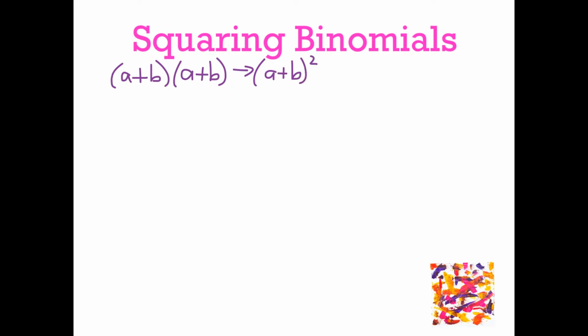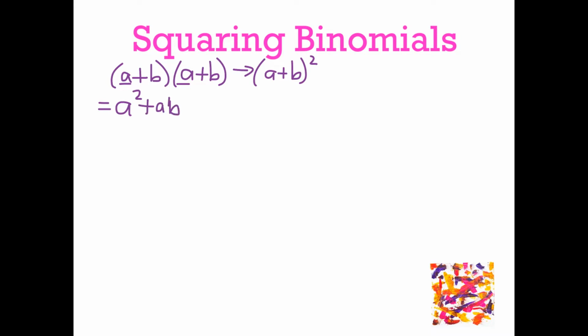Let's say we use the same method that we learned last lesson, which was foiling. So this is good review as well. We're going to begin by multiplying the first two terms together, a times a, which is going to give us a squared. Then we go to our outer terms, which is a times b, which will be ab.